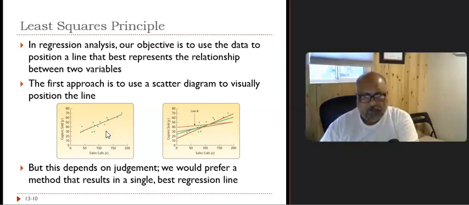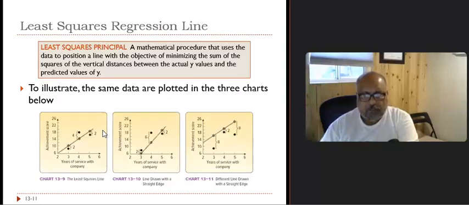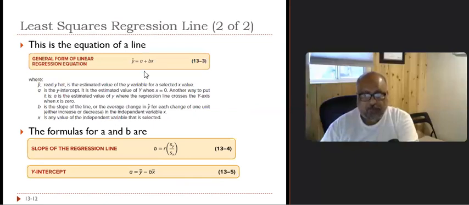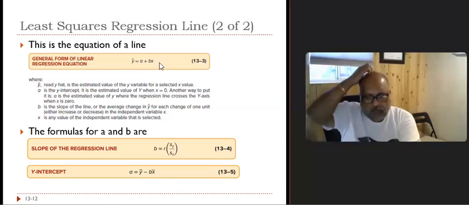Then you can use the trigonometry formula here, rise over run. That can give you the slope of the line, which in this case is b. So b can be found here, and you already know the y-intercept. Then you can get a line like this, the equation of a line.